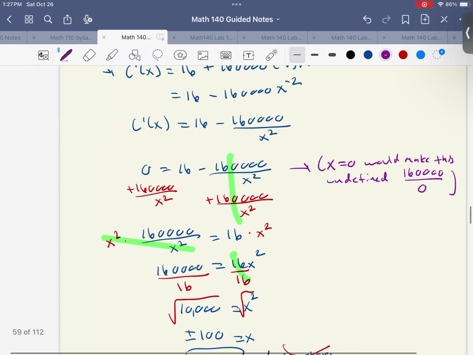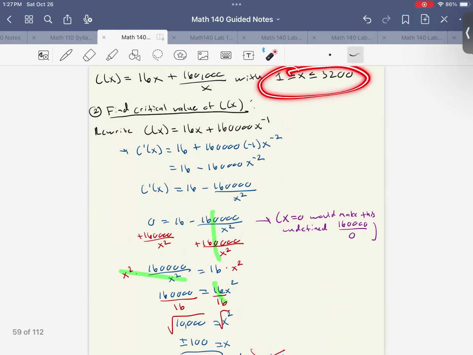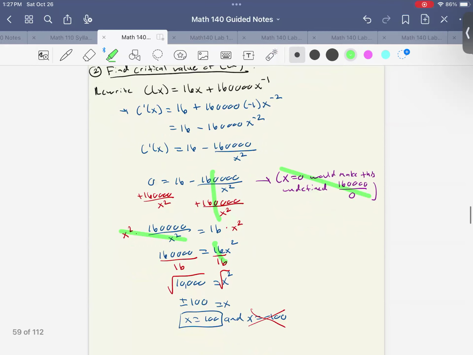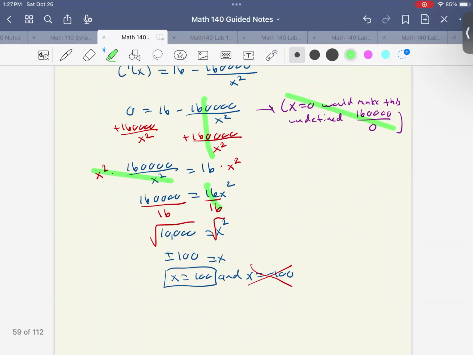But really the same rules apply in that we need to be between 1 and 3,200, and 0 is less than 1, which is not in between 1 and 3,200. So we can also disregard that as well. Okay, so 100 is our lot size that will minimize inventory cost.